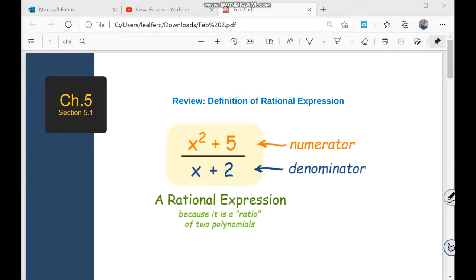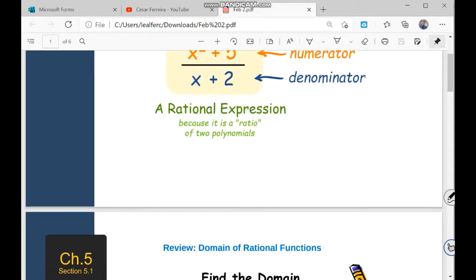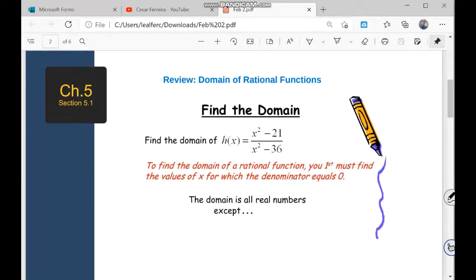And yesterday we also learned how to find the domain of rational functions. Remember this? To find the domain, let's say you have this function here, h of x equals x squared minus 21 over x squared minus 36.